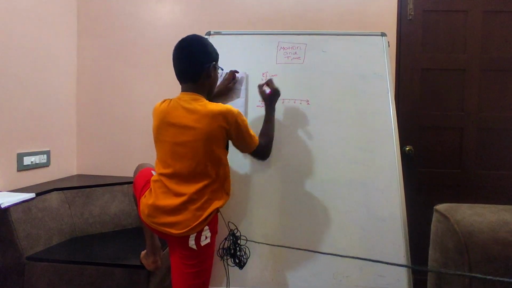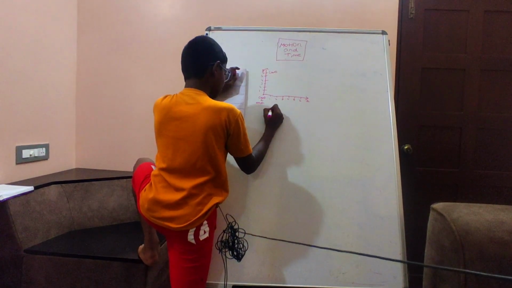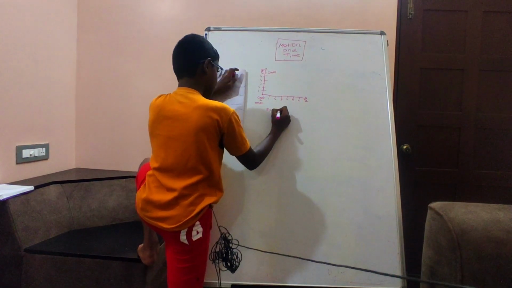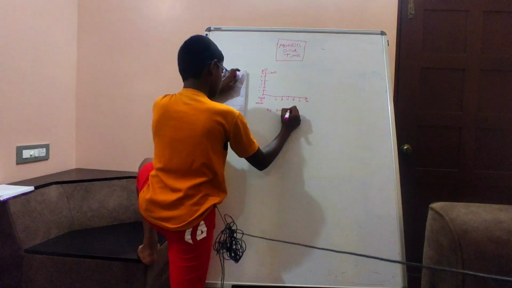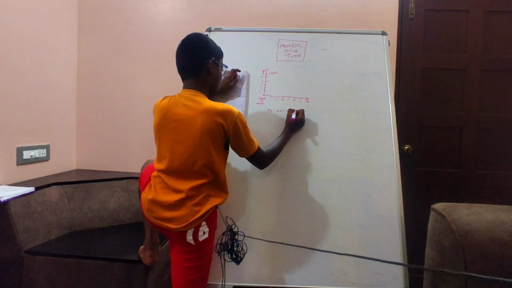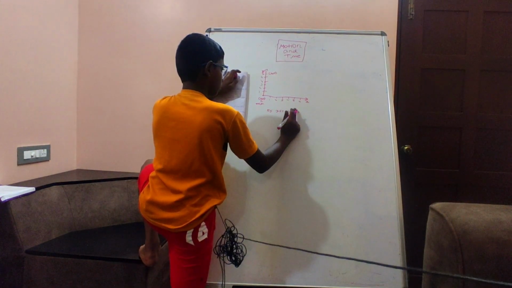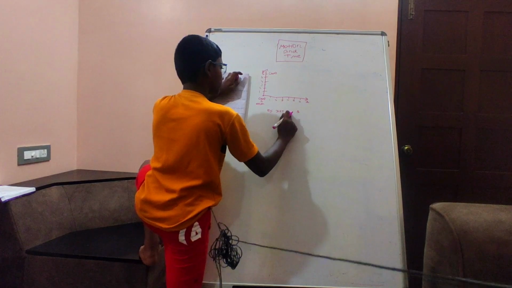I forgot to write the equation in this case. Example, x plus y is equal to 6 minus 1, which is 5. Sorry, this is 7 minus 1, which is equal to 6.